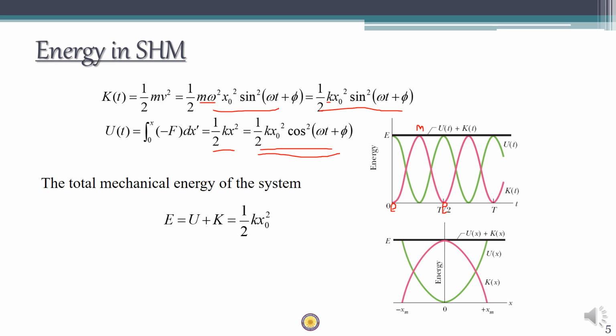So at any instant, if you add up potential energy and kinetic energy together, which is nothing but your total energy, the value is always going to be half into k into x0 square, where x0 is the initial displacement or the maximum amplitude, right? So that is one interesting thing to note. The total energy is always a constant. At mean position you can see that the kinetic energy is maximum, and at the extreme position the potential energy is going to be maximum.